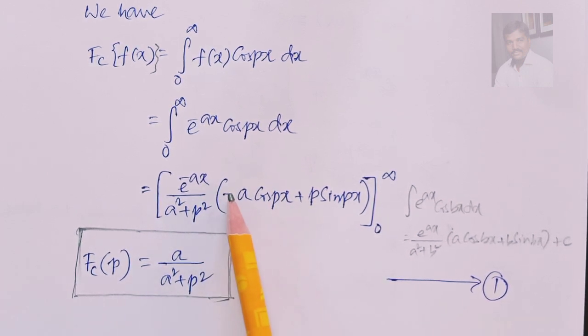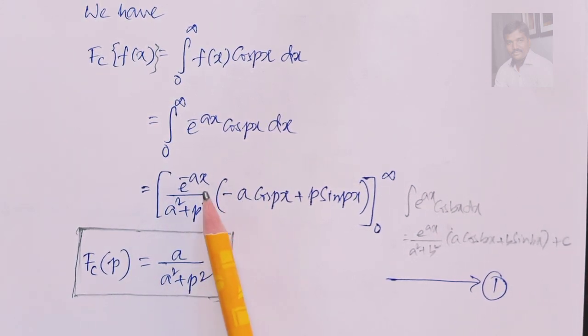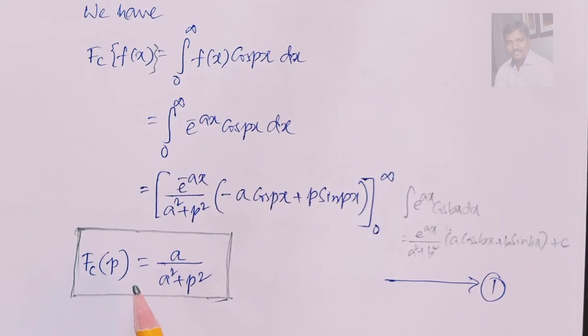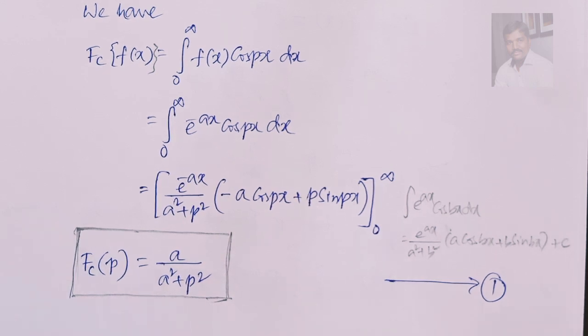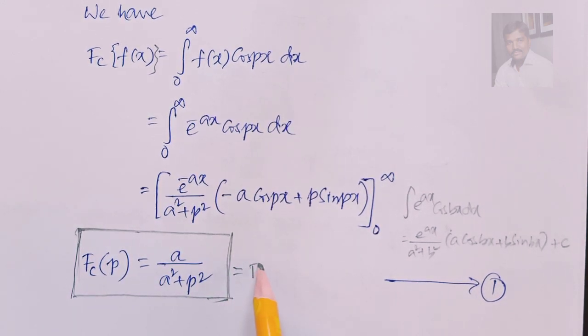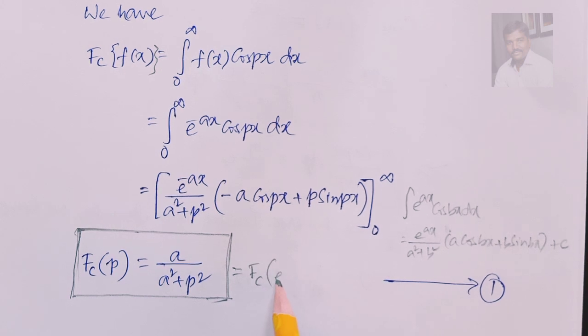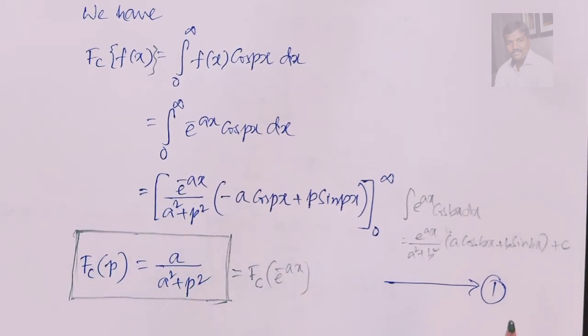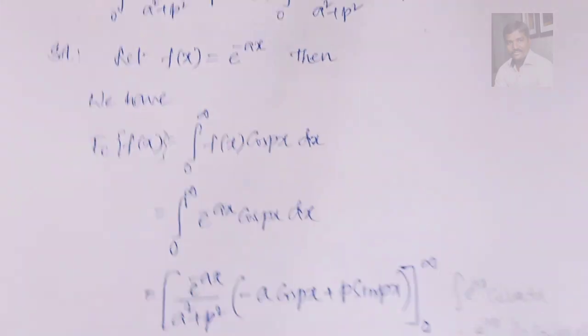So the minus and the minus of a into minus give plus, and we get a by (a² + p²). This is the Fourier cosine transform of f(x), that is Fc of e^(-ax).